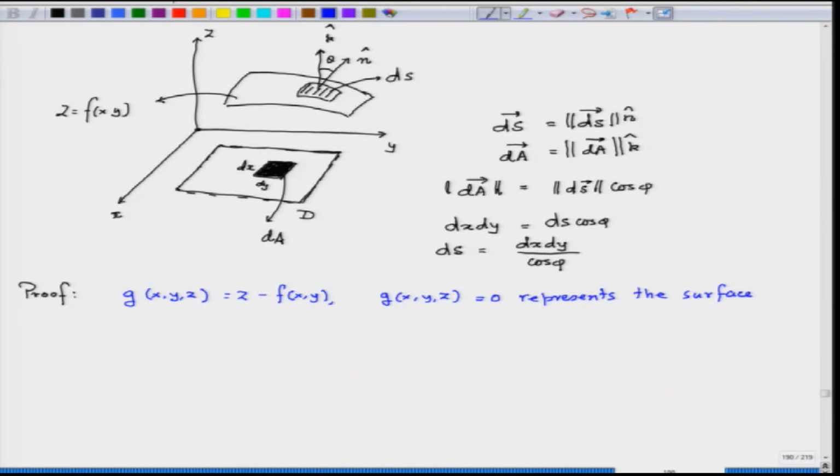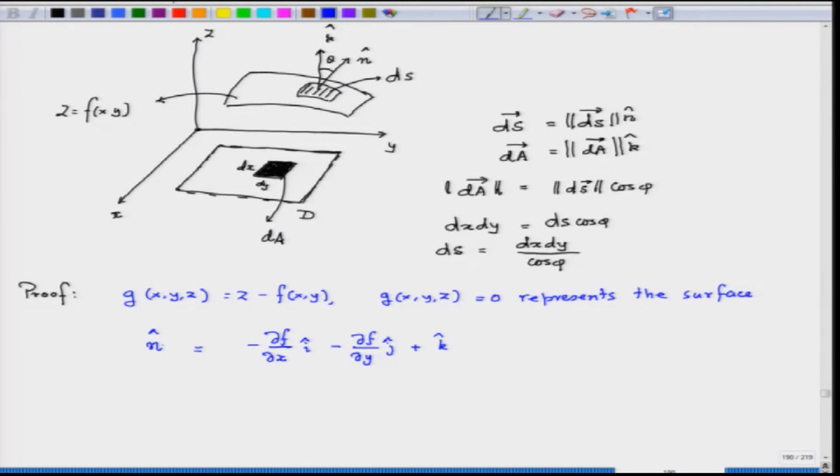That the normal vector can be written as follows, because here if you take the gradient, what is this? Minus del f del x, minus del f del y, and del z del x is 1.